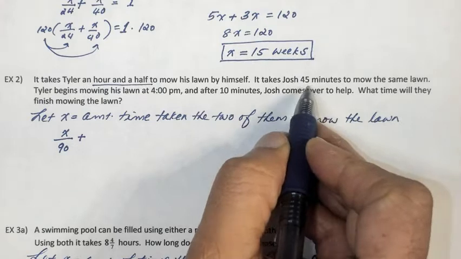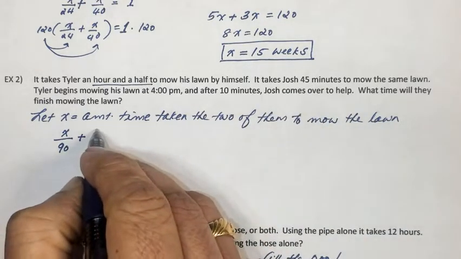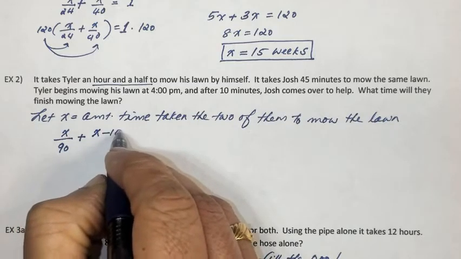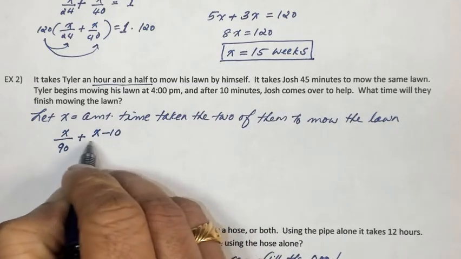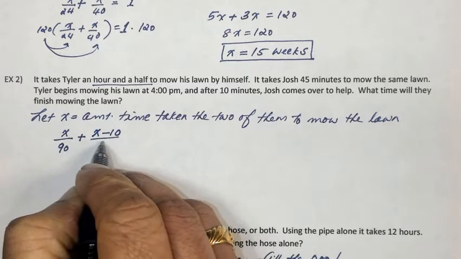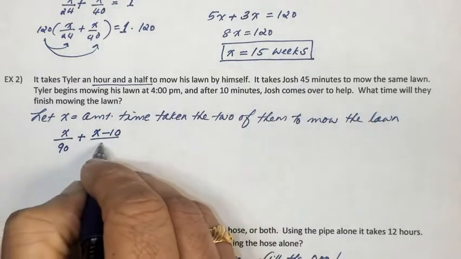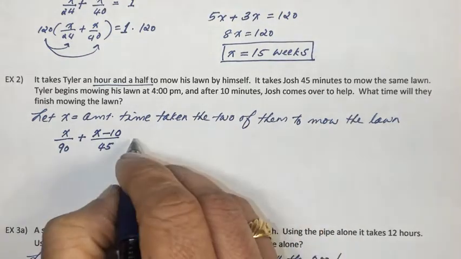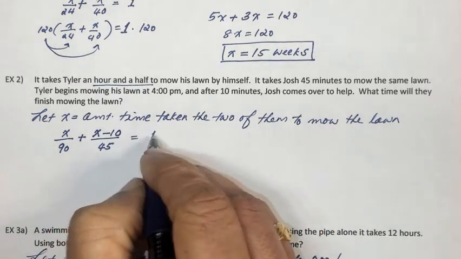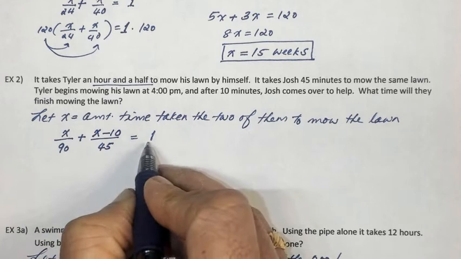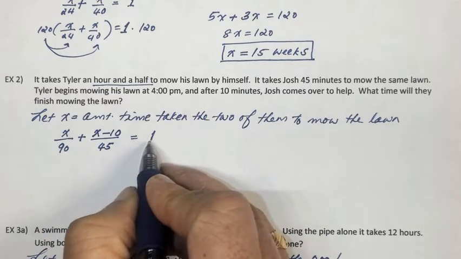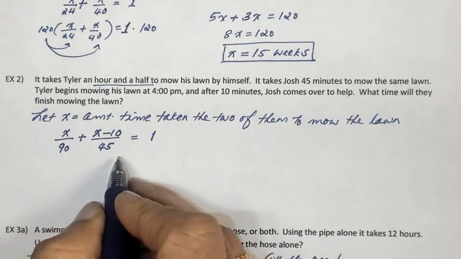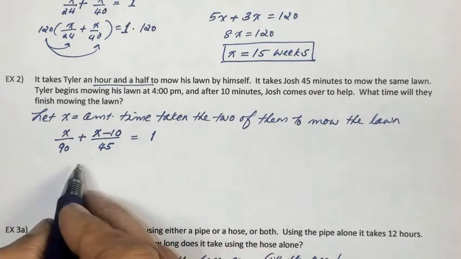So you need to look at it, it is not just x but x minus 10, because George comes after 10 minutes, divided by 45 minutes. And that together is going to be equal to 1, because that's a complete job right here. This is the whole job. These are the partial jobs, or partial times to complete the job.